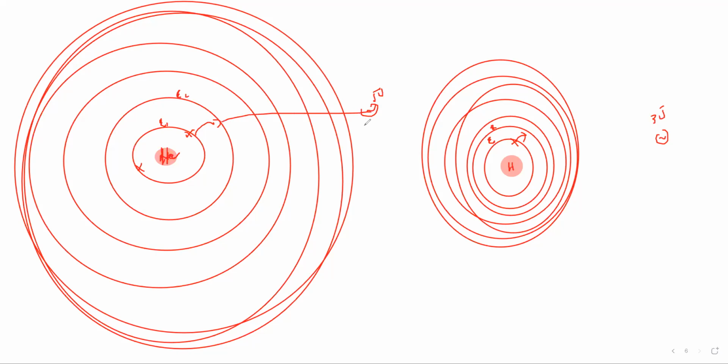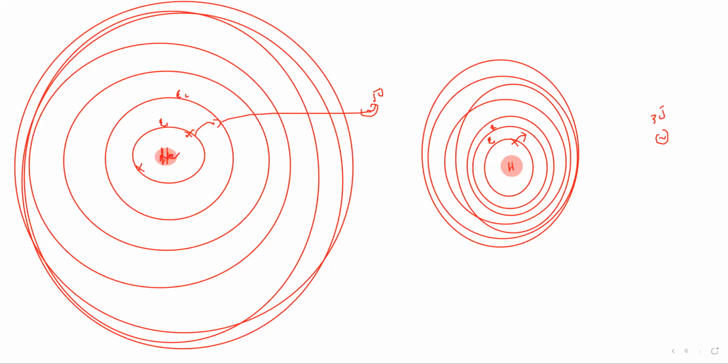So they need a different amount of energy to jump from an identical level. That's why different elements have different line spectra, and that is why the line spectrum is also known as the fingerprint of the element. So using a line spectrum, we can identify the composition of a material or which element is present inside the material.